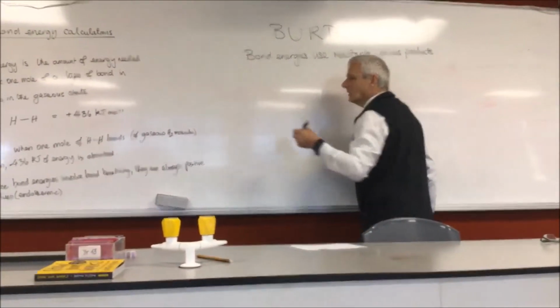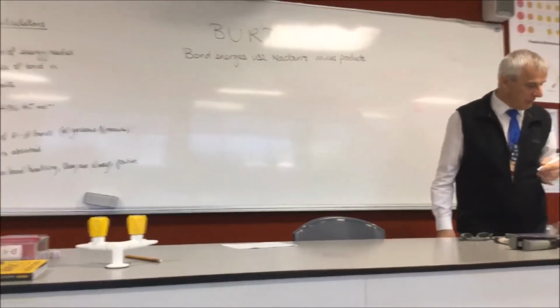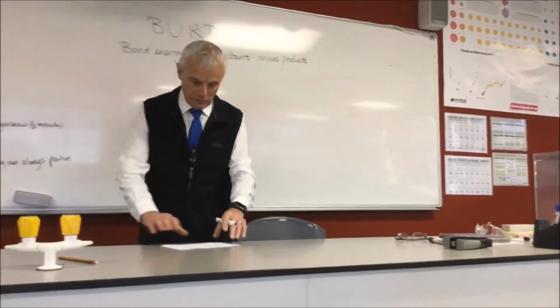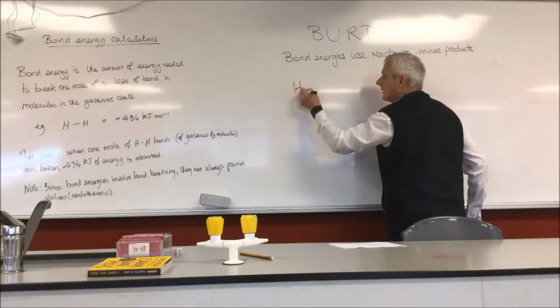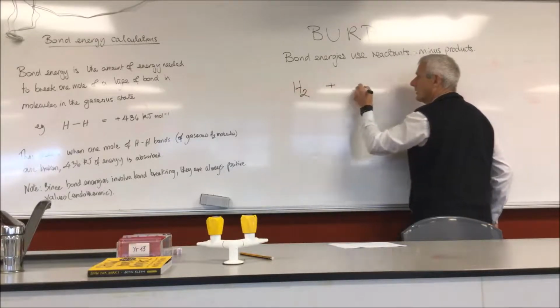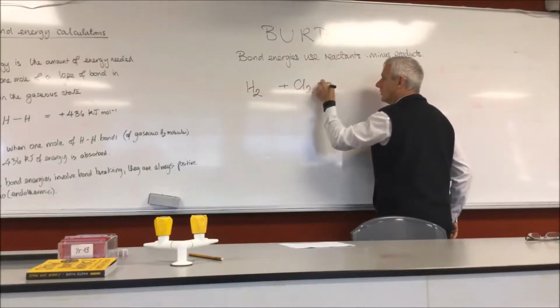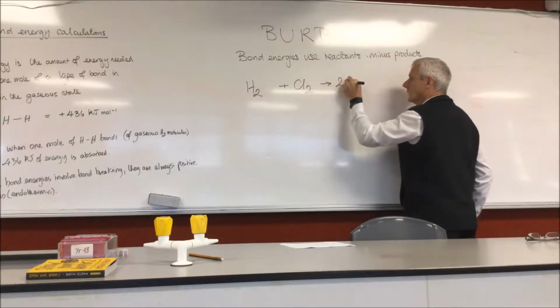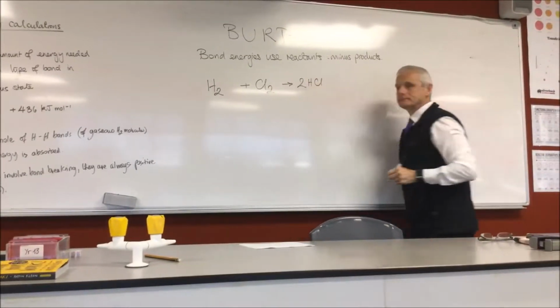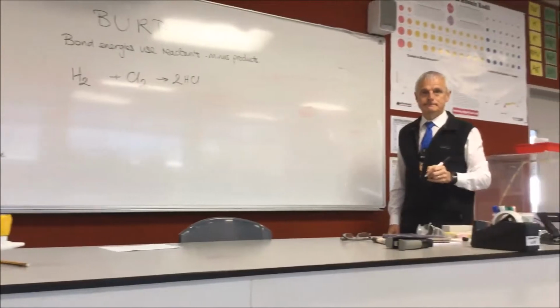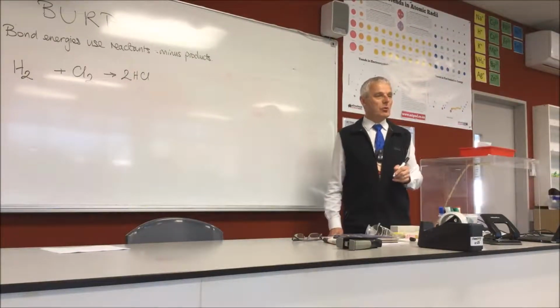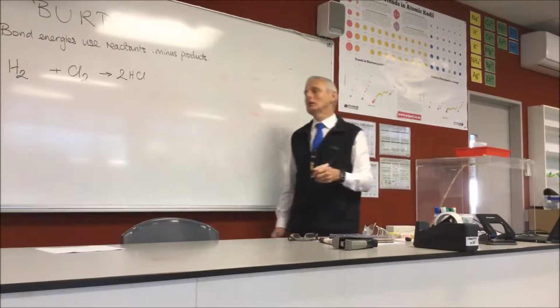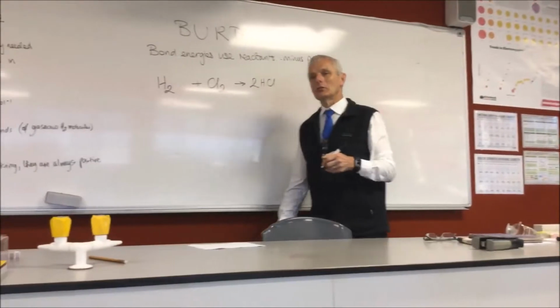If we take a simple reaction, I'm trying to think of one that, okay, this one here. What you're going to need to do is to draw them all out as structural diagrams, without the Lewis diagrams, without the non-bonded pairs.